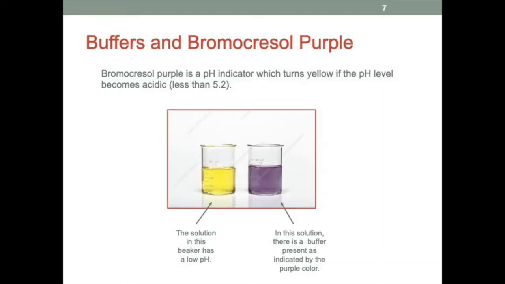So in the tests in your lab notebook, we use bromocresol purple. And bromocresol purple is a pH indicator. It's like the litmus paper, but it's a solution. Okay? So bromocresol purple is a pH indicator that turns yellow if a pH becomes acidic.